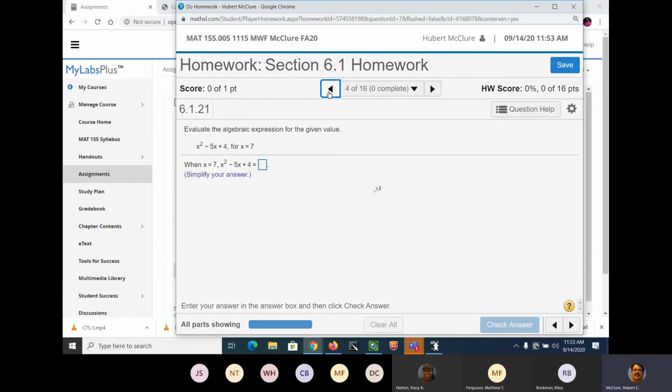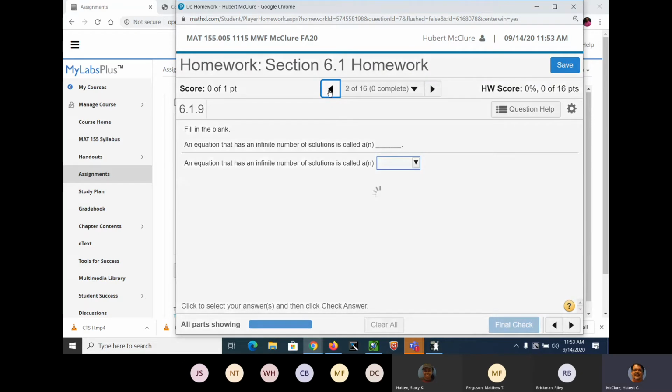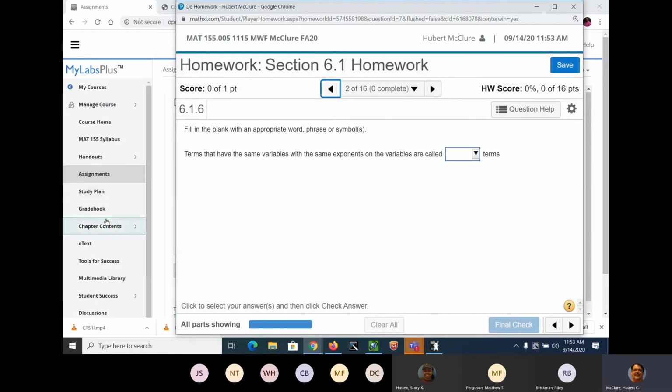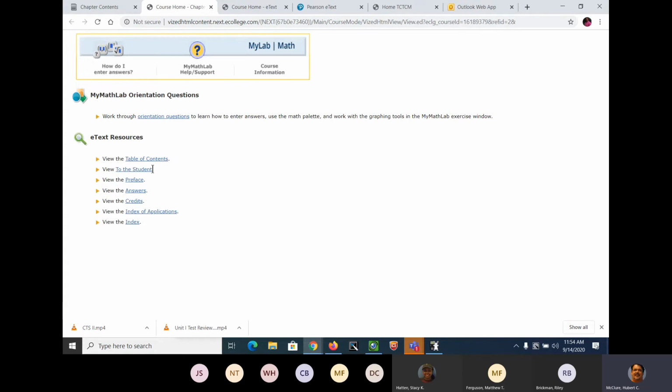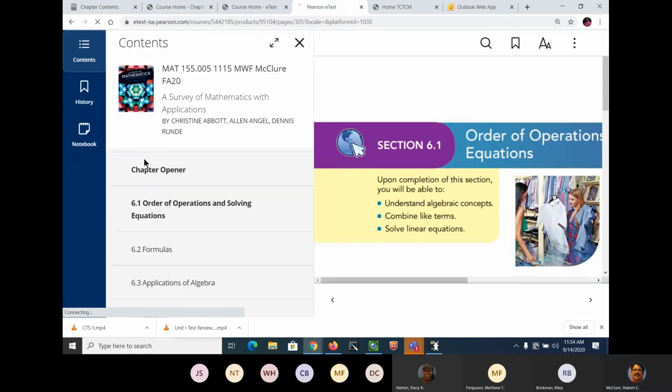That's not what I'm looking for. Actually, y'all had them in the last section of homework, but I'm going to go to chapter contents, table of contents, 6.1.